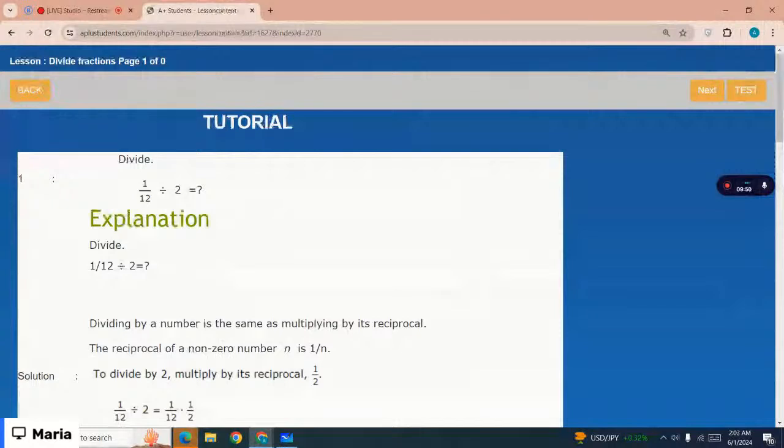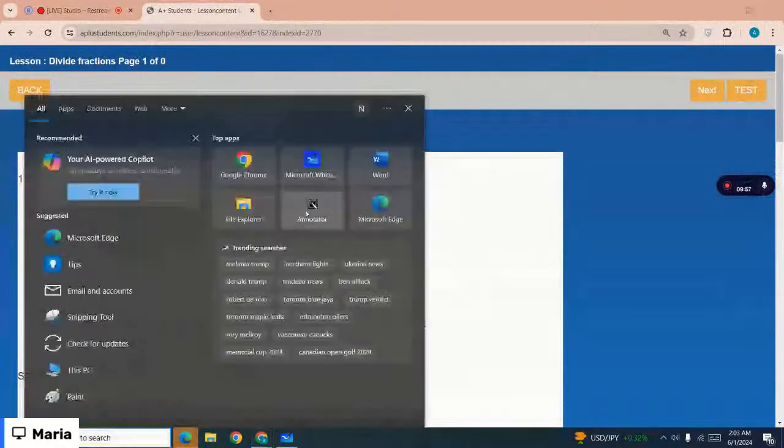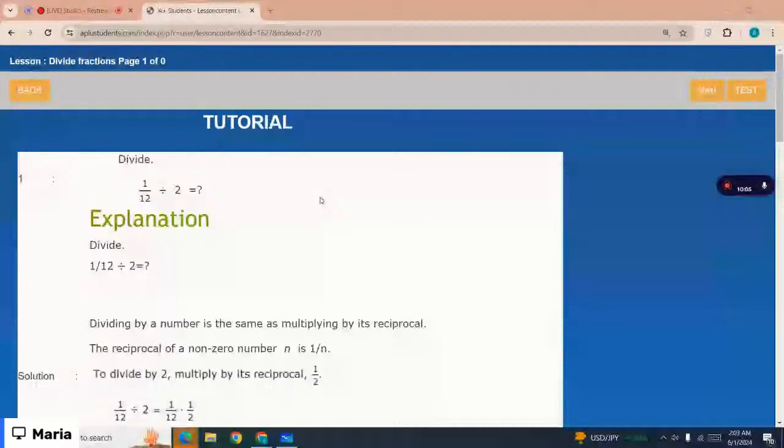We're going to learn how we divide: 12 divided by 2.